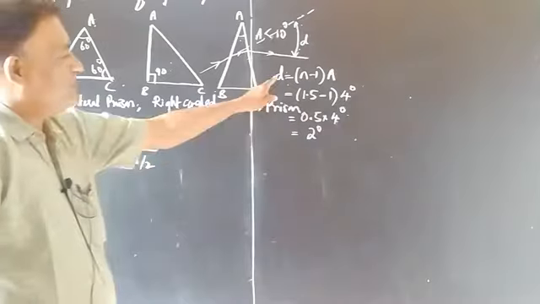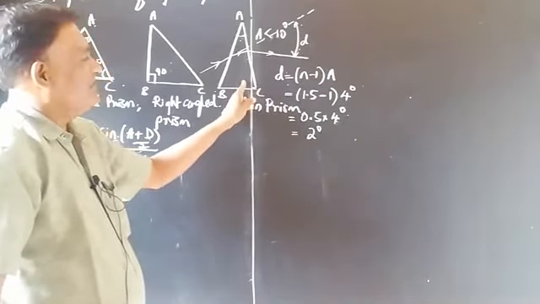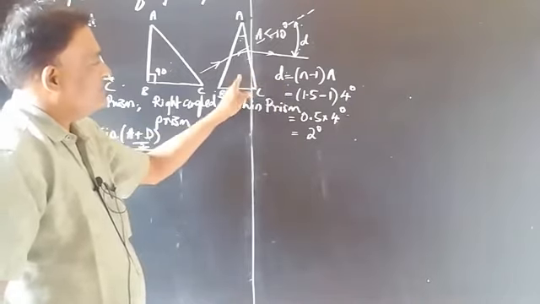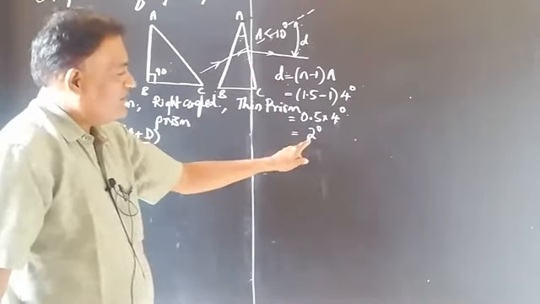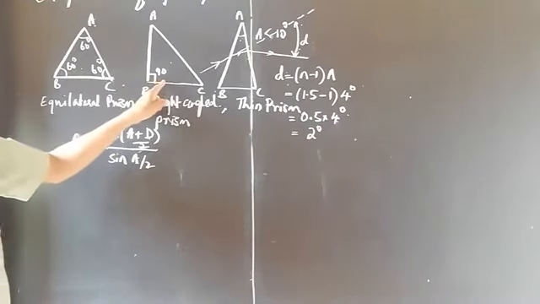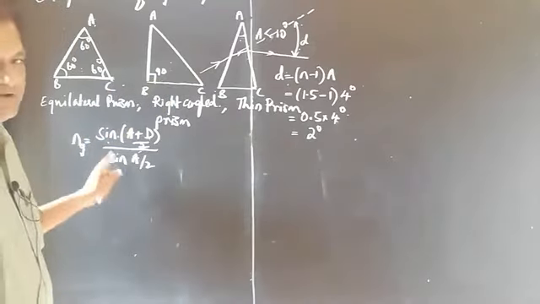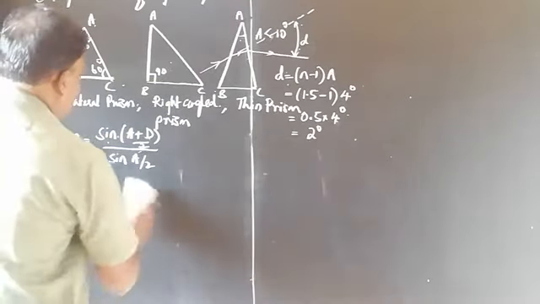So the deviation produced by thin prism is of the order of 2 degree. In other words, thin prisms produce very small deviation, whereas for equilateral prism and right angle prism, the deviations produced are quite large.